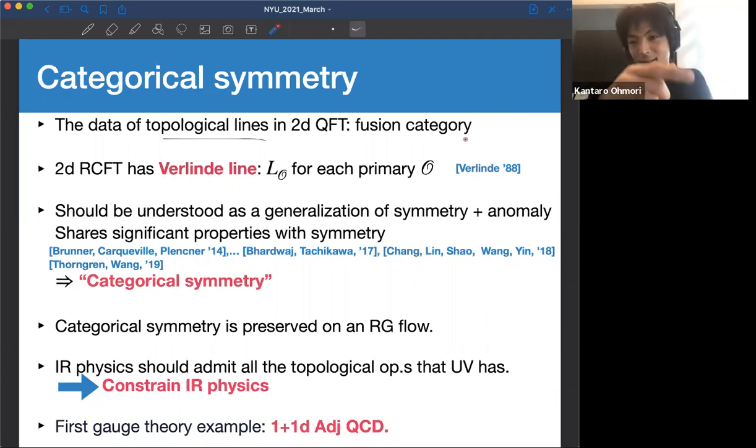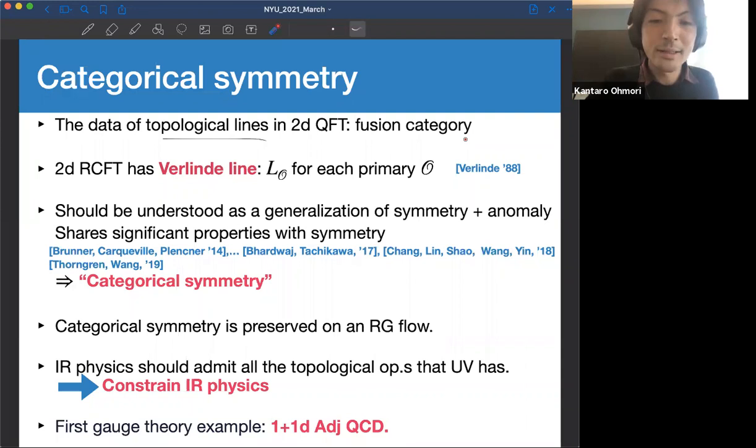That's like a defect going in the time direction. And so there is a vector space or Hilbert space for each line, and that leads to some category structure in general.